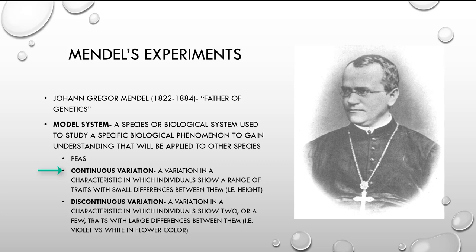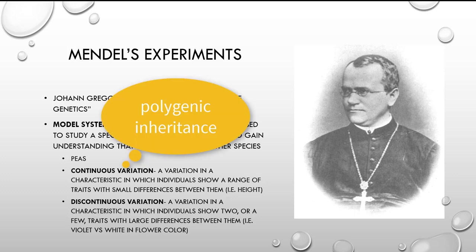Continuous variation is when we have variation in a characteristic in which individuals show a range of traits with small differences between them, such as height. We'll talk more about that type of variation later on. In the crash course video, they talked about polygenic inheritance.